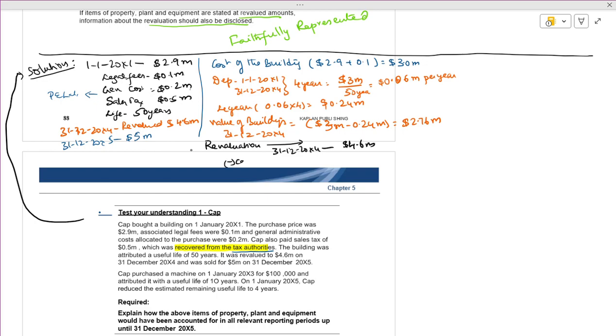Carrying amount as on 31/12/2004 is 2.76 million. Revalued amount 4.6. How much is the revaluation gain? 1.84 million.